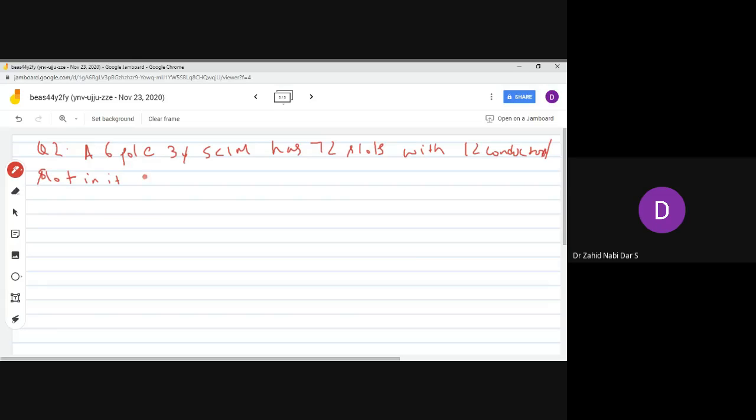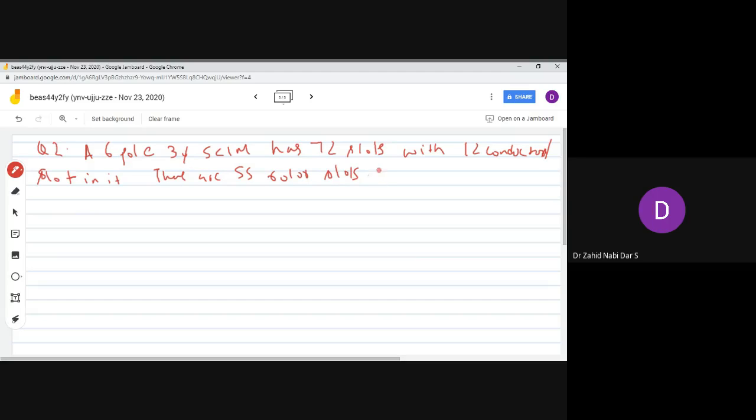There are 55 rotor slots. So this is about the stator slots, 72 stator slots, 12 conductors in it. Determine the current in the rotor bars and in the end ring if the stator current across the phase is 30 ampere.